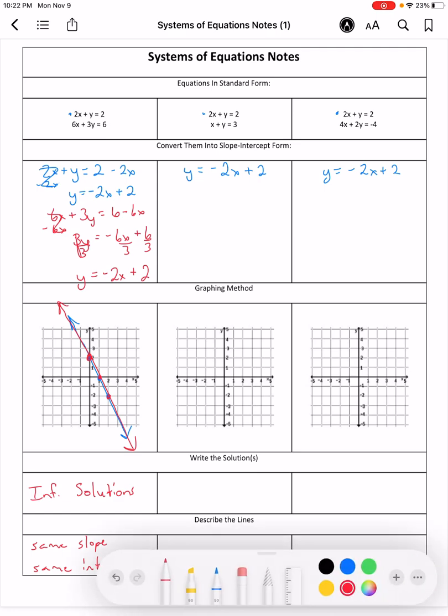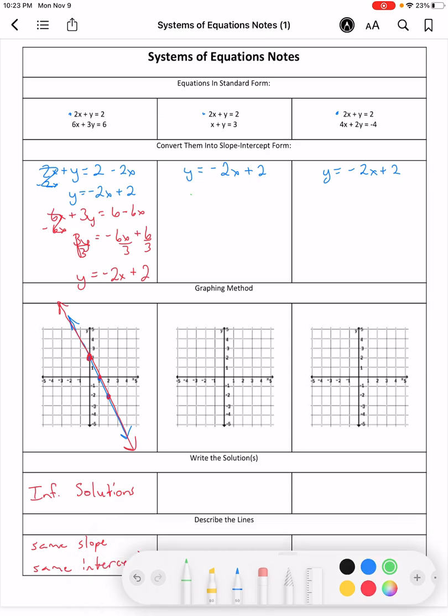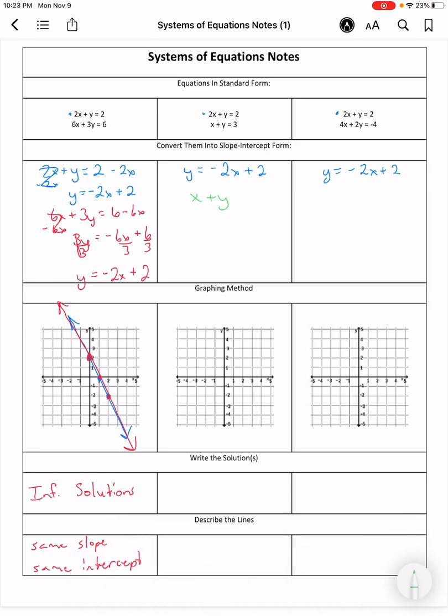All right, now working on the second problem, we already have solved 2x plus y equals 2. Now we have x plus y equals 3. Again, I'm going to move the x to the other side. So I have y equals 3 minus x, or y equals negative x plus 3.